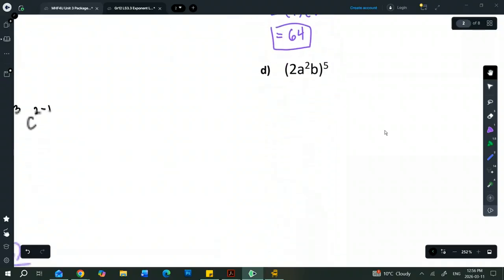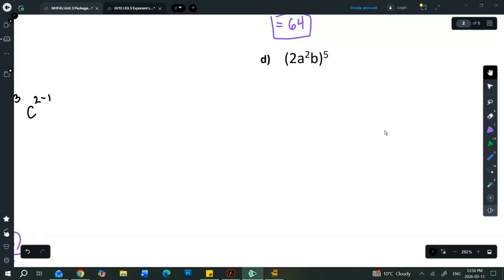Okay, and then this one's similar, so we already have all like bases gathered, but we have to simplify this power of 5. When you have a coefficient, and what I mean by that is a number in front of your variables, so the 2 is a coefficient here, we have to apply this exponent to each thing inside the bracket.